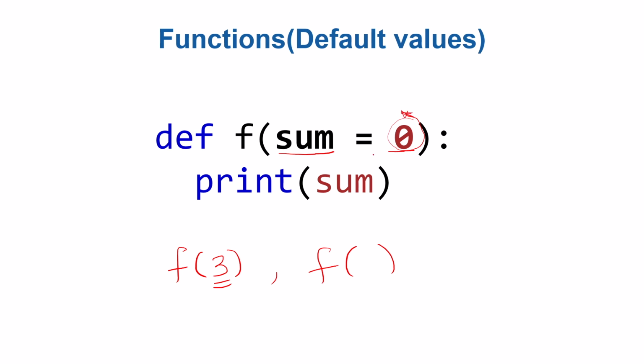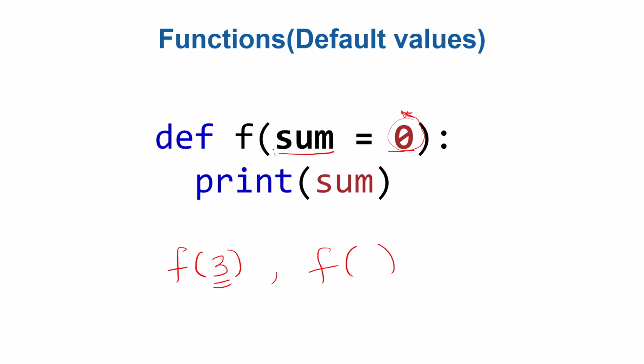If you do not supply the value, this is the value that is going to operate. And by the way, you can have multiple variables with default values, some variables with default values defined, some with default values not defined, and so on. One care must be taken here: the default value is assigned when you define the function, when you run the cell with shift enter in Jupyter Notebook.